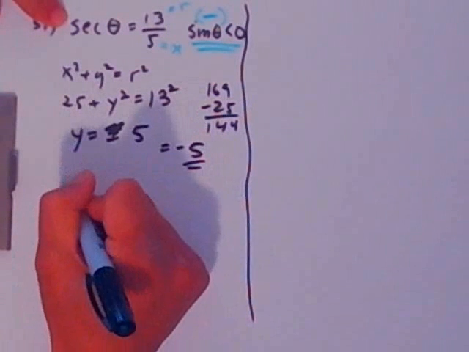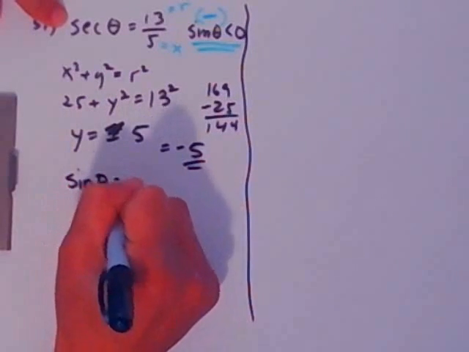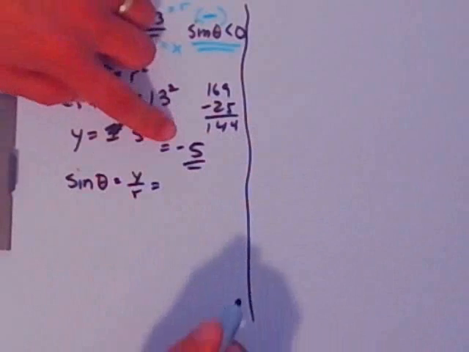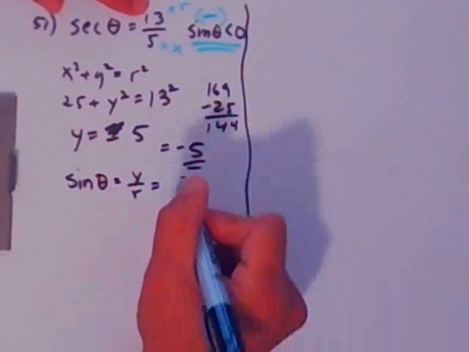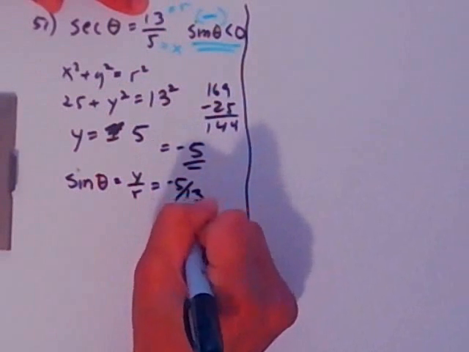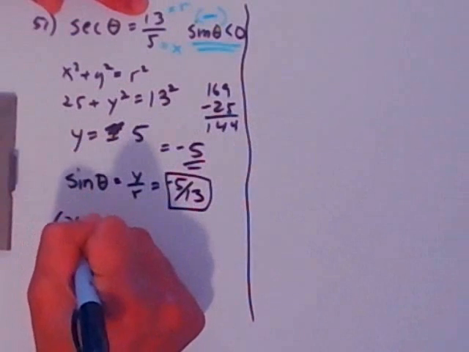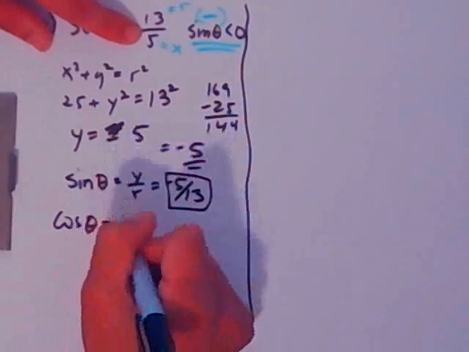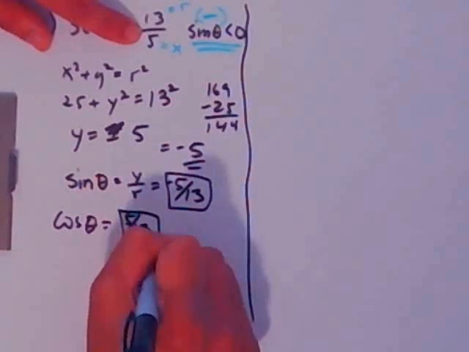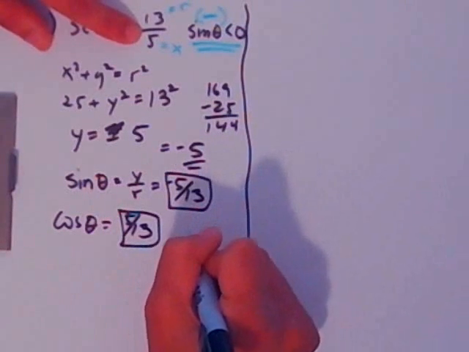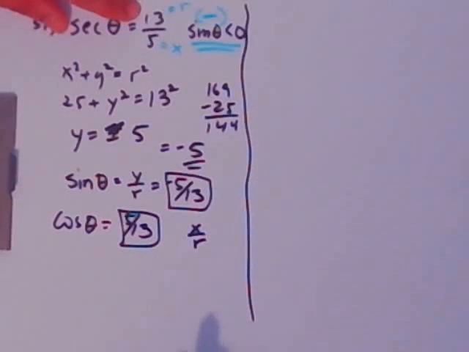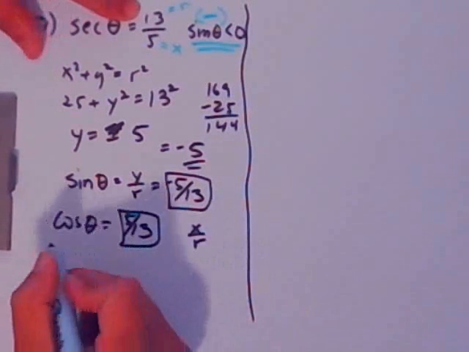So let's start with the sine of the angle. It's going to be y over r. Y is negative 5 over the radius is 13. Cosine of the angle is 5 over 13. You could have actually done, the cosine is x over r. That's my x, that's my r. Same answer, okay? 5 over 13.